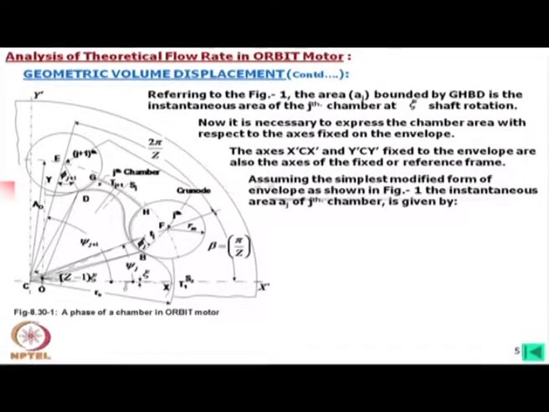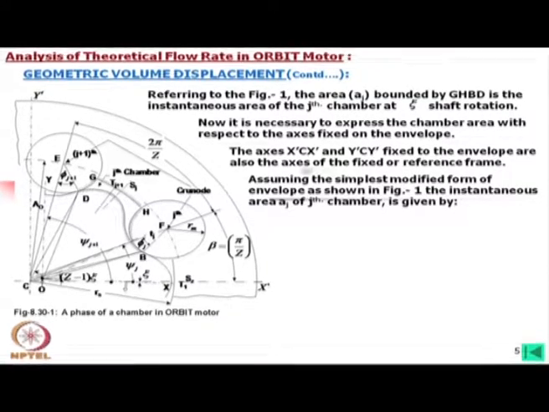Assuming the simplest modified form of the envelope, what does it mean? We have assumed the envelope is nothing but a circular ring with an inner circle.